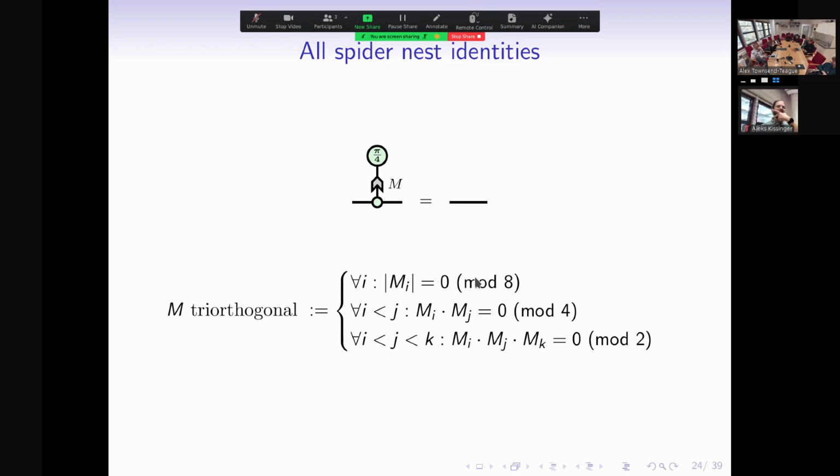Every dot product of a pair of rows needs to be 0 mod 4, and every triple of rows, which is why it's called triorthogonal, needs to be 0 mod 2. You can show that this kind of diagram equals the identity if and only if this matrix is triorthogonal.